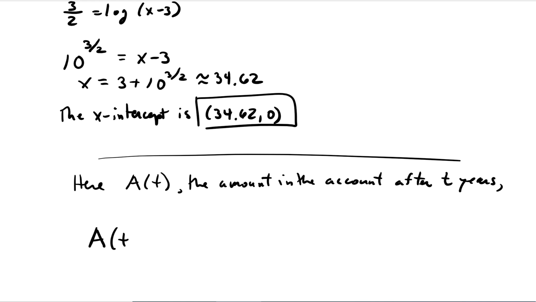It's important to define what your functions actually mean. I won't be able to guess, like on a test, if you write a function without describing what the variables actually mean and what the function actually means. So it's $100 initially, and then each year we multiply that by 1.09, 109%, and that's going to be raised to the power of t because we do that every year.